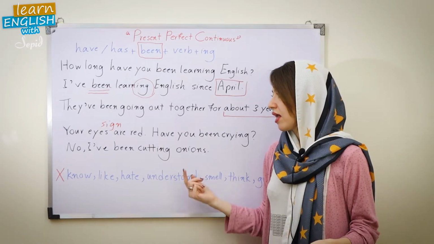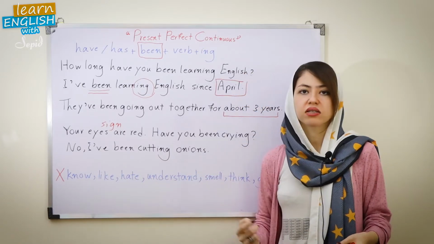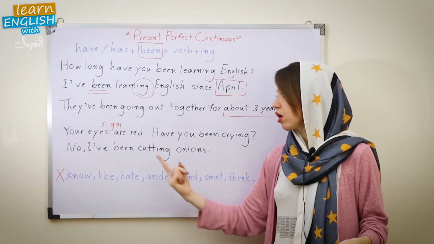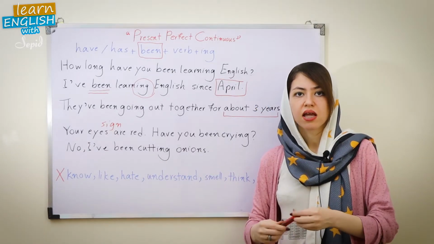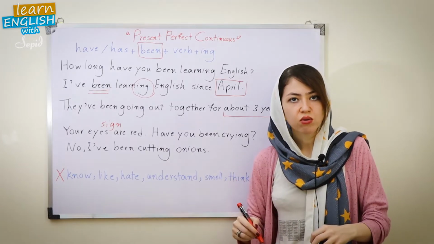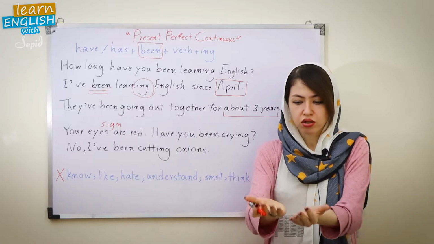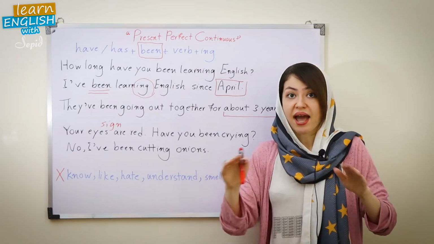And if we want to talk about the result of an action, I've been cutting onions, and if I want to notice the result, I would say, I have cut the onions. So this is the result, not the sign, nor the action.